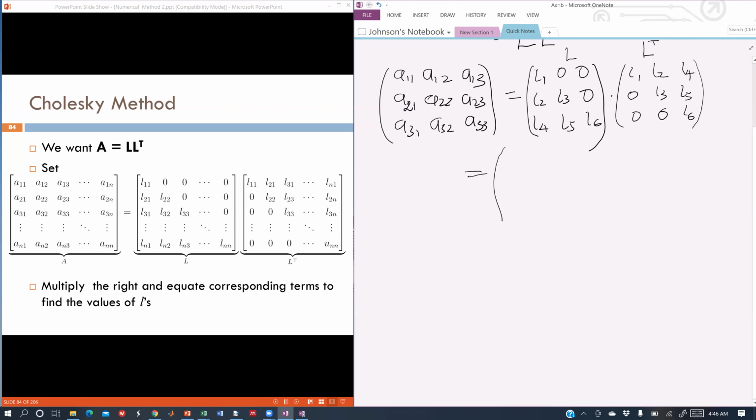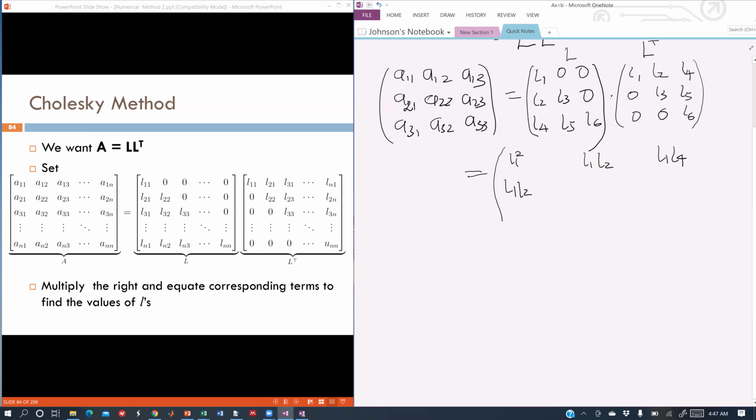So we have this. L row 1 times column 1 will give us L1 squared. Row 1 times column 2 will give us L1, L2. Row 1 times column 3 will give us L1, L4. Then row 2 times column 1 usually would have been L2, L1, but allow me to write it L1, L2.